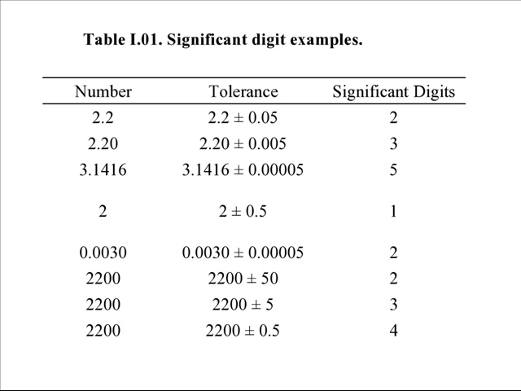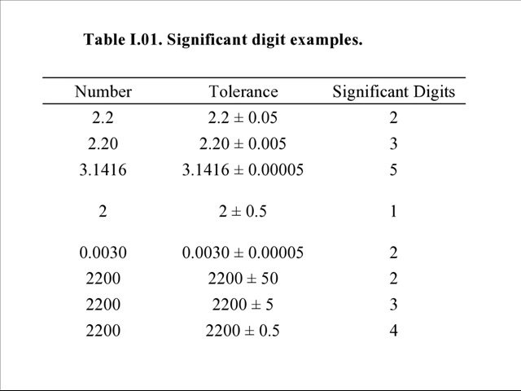Also, an example of this being pi, of course, you see that there are 5 numbers that are given and that the tolerance is half a step past the last significant digit. And there are 5 significant digits. In another example, when you see perhaps a pure number that's just given as a number like the example there, 2, you have 2 plus or minus 0.05, that half step, but your significant digit is only 1.